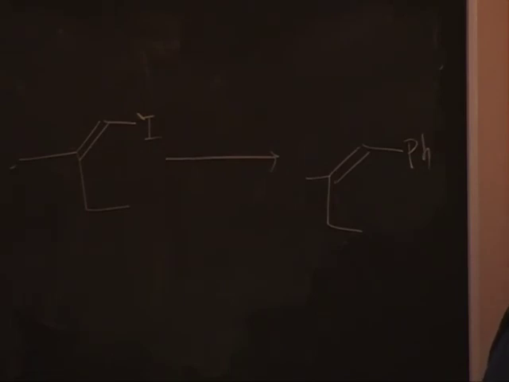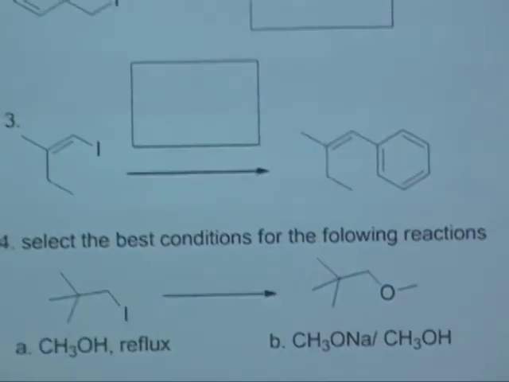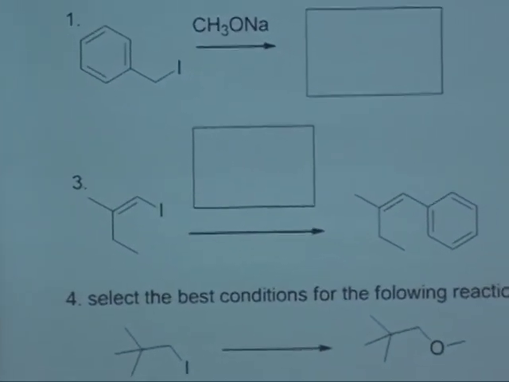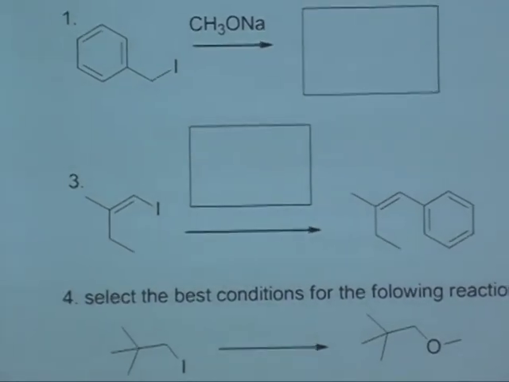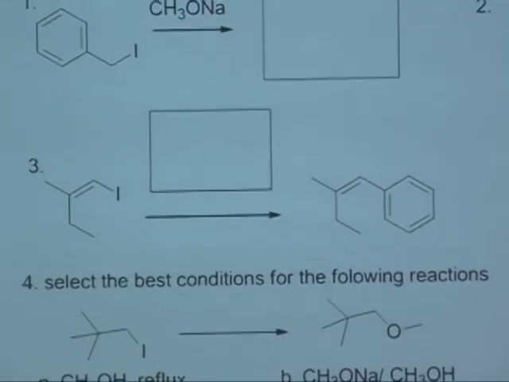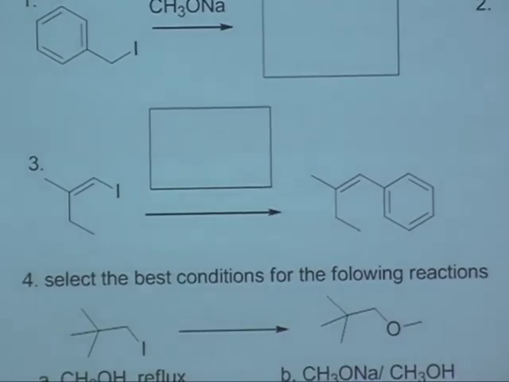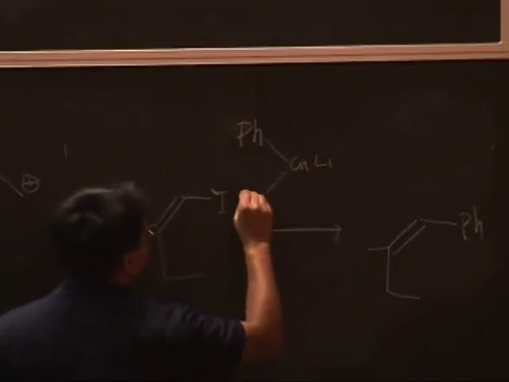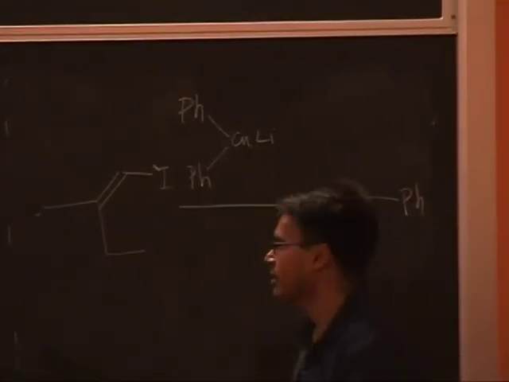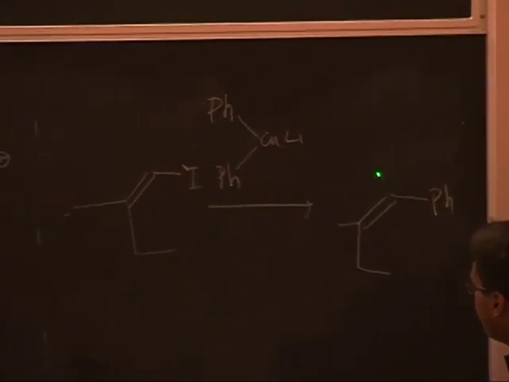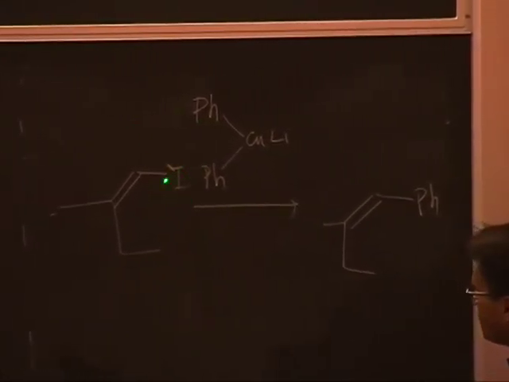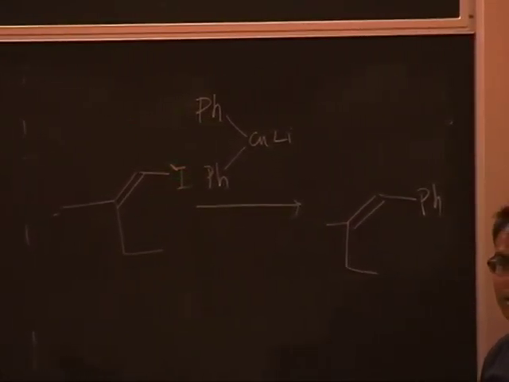It's not trans. So that's something else you should notice. I did something that looked like a substitution on an sp2 carbon. What is this reagent? Cuprates. I passed the exam. All right? That's very important. And it does not end up trans, it ends up cis, whichever way the iodine was pointing.